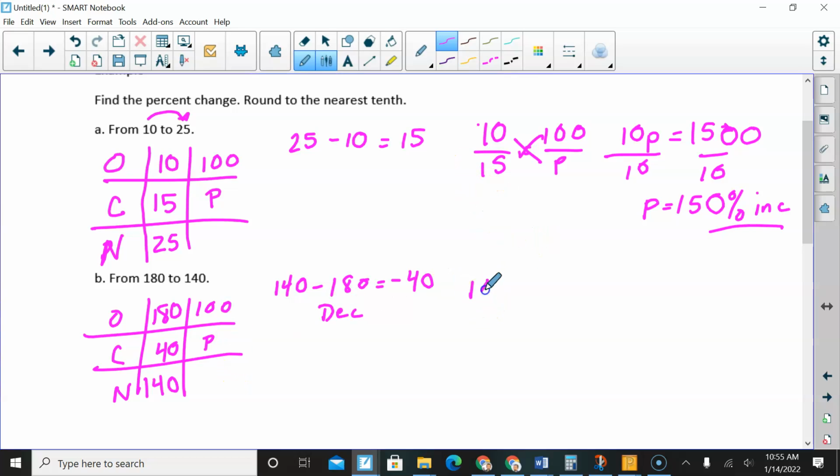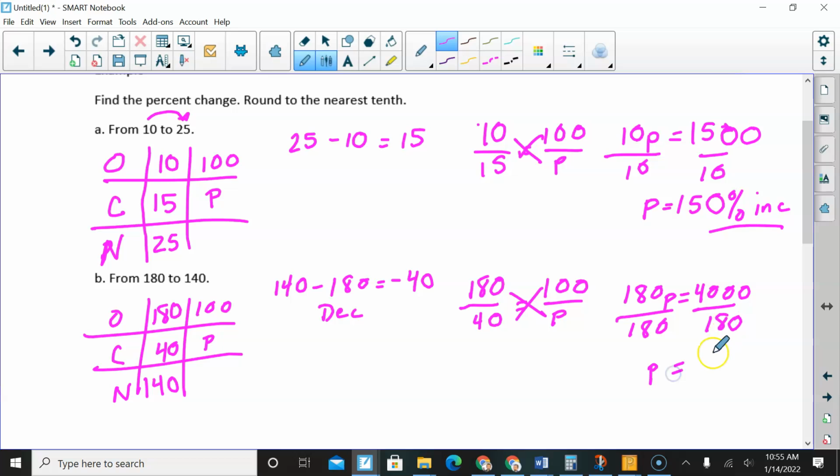And we're going to set up our proportion again. So we have 180 over 40 equals 100 over P. Now we cross multiply. 180 times P is 180P. 100 times 40 is 4,000. We divide both sides by 180 to undo multiplication.